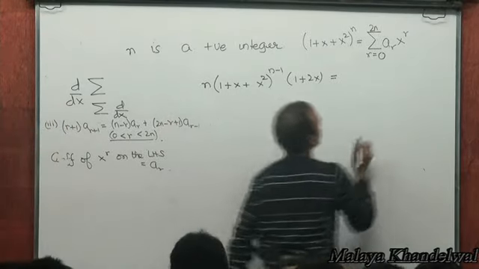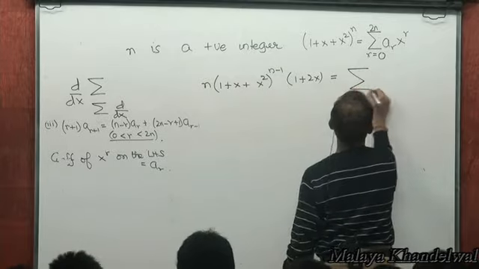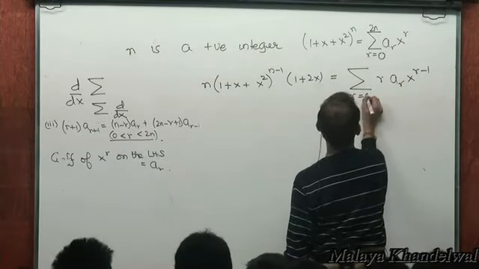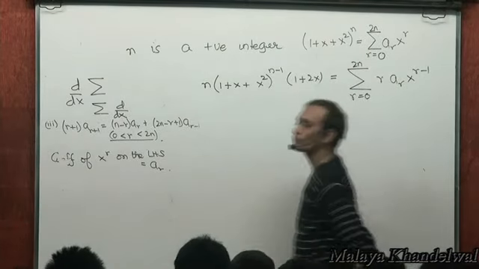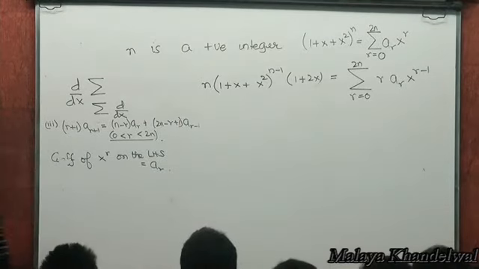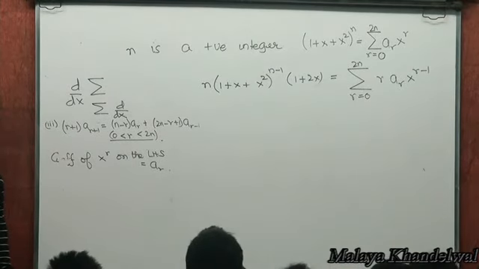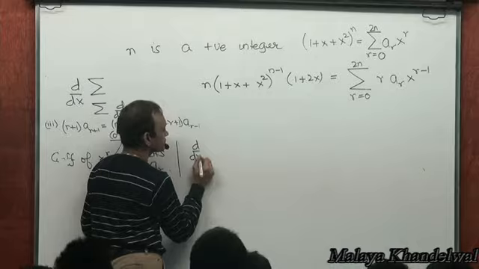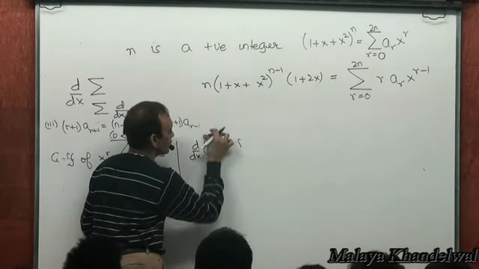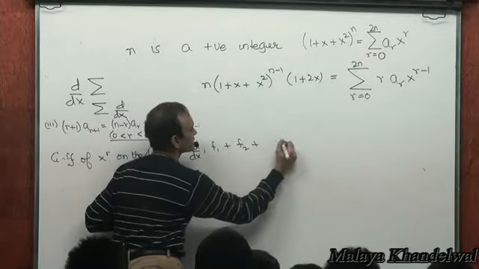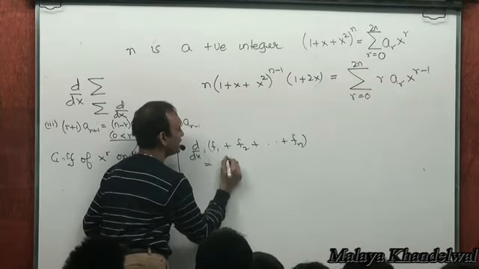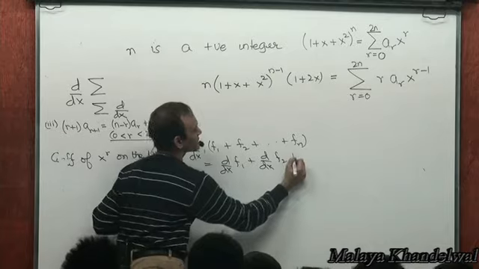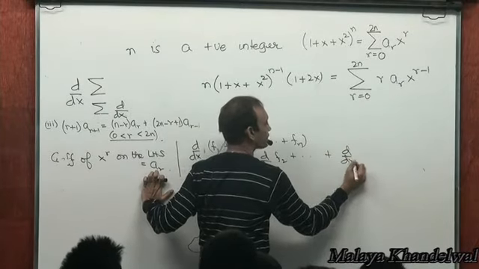So I pose it as follows: summation of r·a_r·x^(r-1), r equal to 0 to 2n. Yes or no? Does it make sense to you so far? d/dx of f1 plus f2 plus fn is d/dx of f1 plus d/dx of f2 plus d/dx of fn.